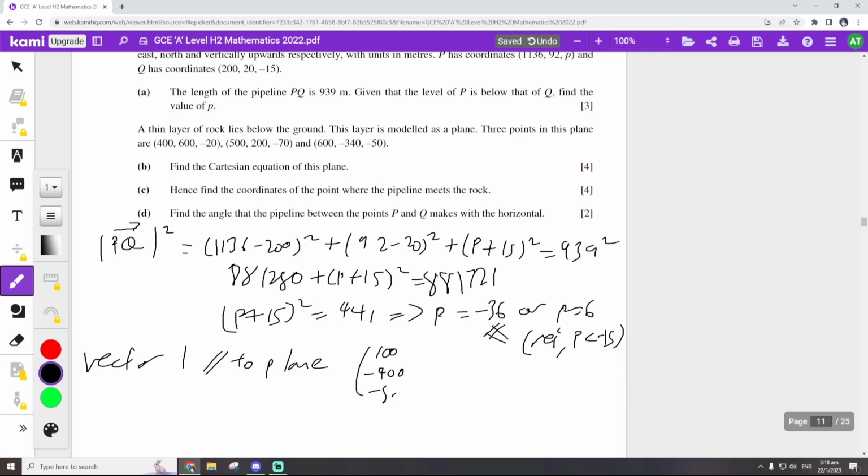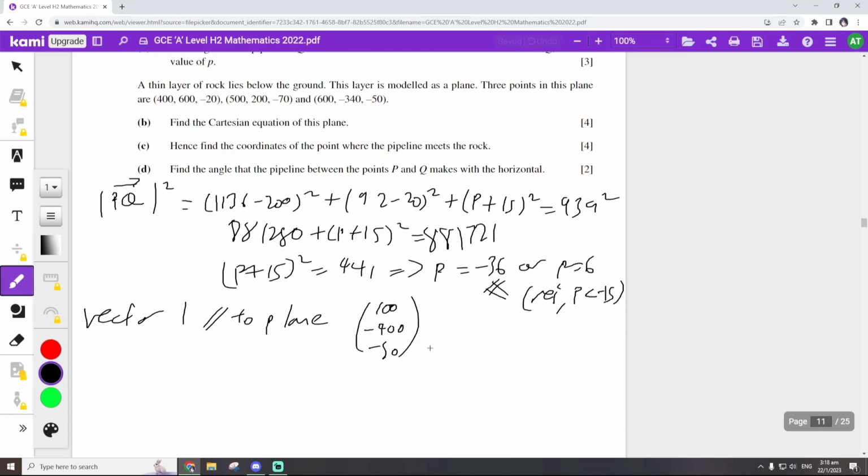Which is, of course, I can just take it as, actually no, I'll take it as 50. 2, negative 8, and negative 1.